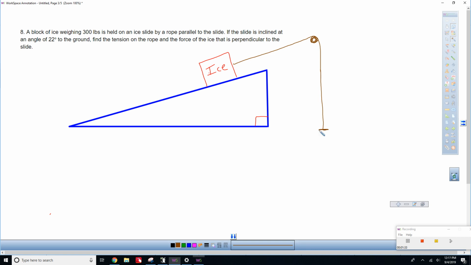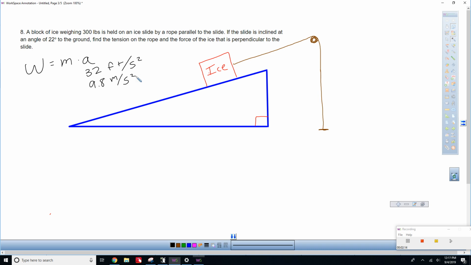And now we've got to talk physics real quick. 300 pounds. Pounds is a weight. A weight is actually a force, okay? So your weight is equal to your mass times acceleration. Our acceleration on Earth is 32 feet per second squared, or 9.8 meters per second squared.